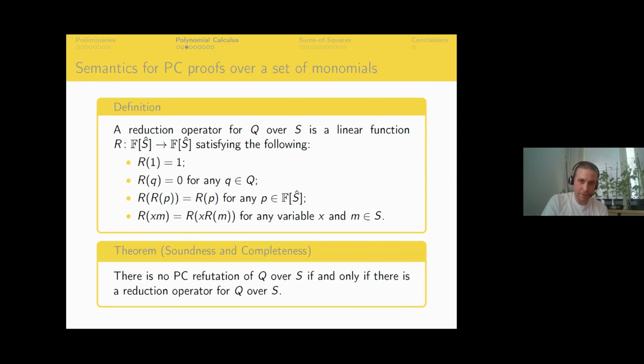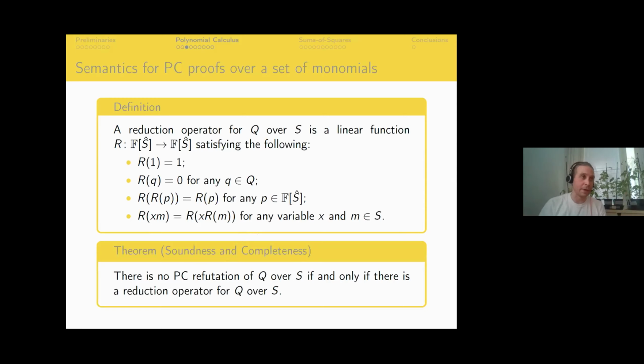So indeed, these kinds of operators can be used to characterize the existence of a PC refutation over the set S of monomials. So we have the following soundness and completeness: there's no refutation if and only if there's a reduction operator. The soundness part, that if there's a reduction operator then there's no refutation, is quite easy.